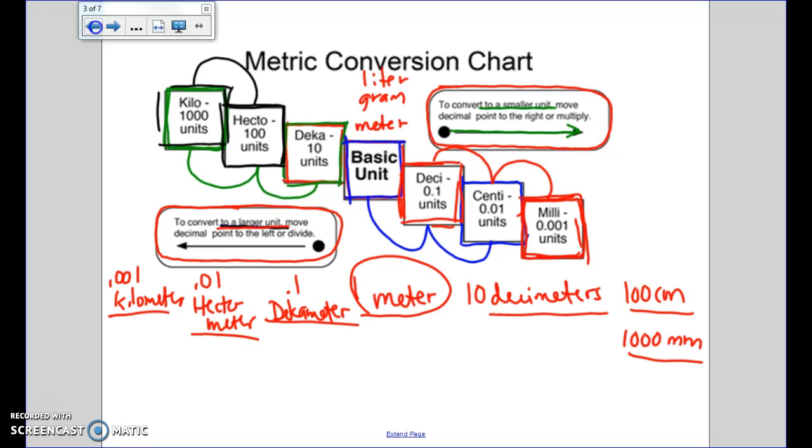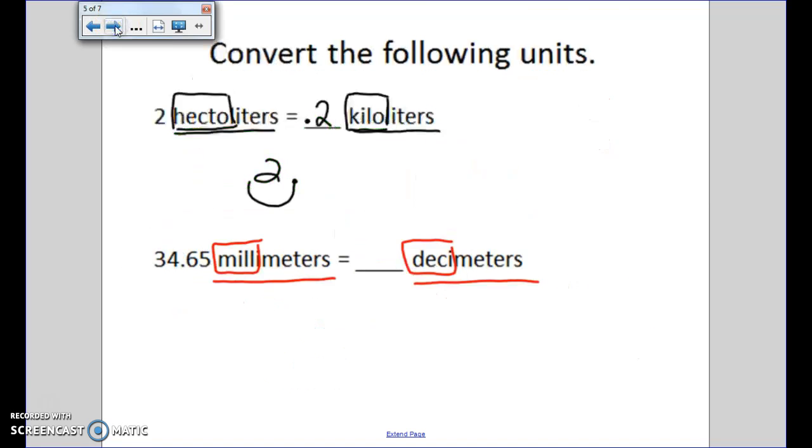I'm getting bigger up the scale. So if I'm starting with 34.65 and I'm moving to the left, right there, now my decimal place is in the front. 0.3465, or 3,465 10,000ths.